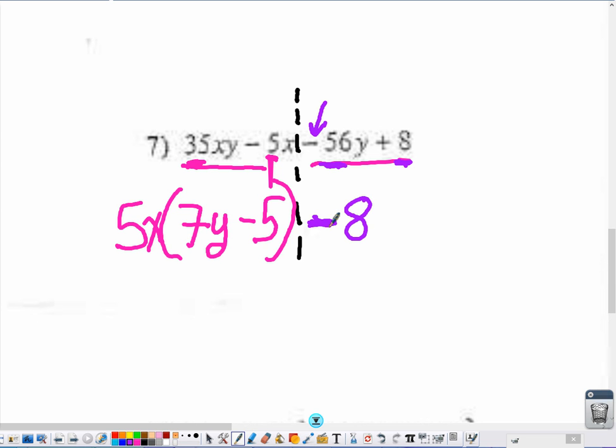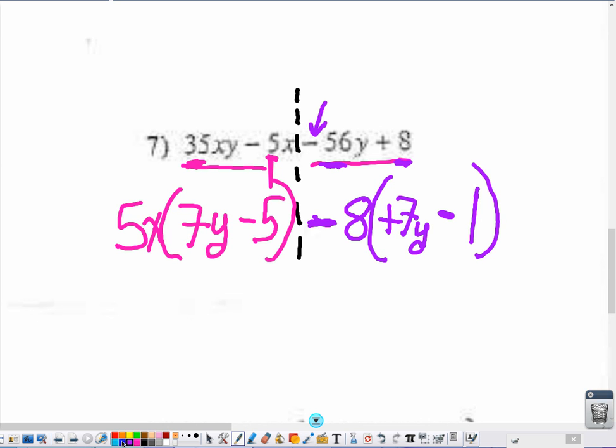So instead of factoring out a plus 8, I'm going to factor out a minus 8. Now when I do that, I take negative 56 and divide by negative 8, which gets me a positive 7y. And I take 8 and divide it by negative 8, and I get a negative 1 instead of a plus 1.